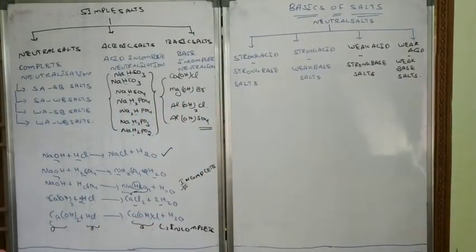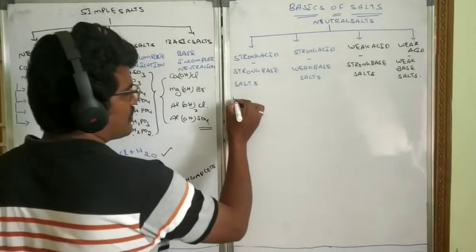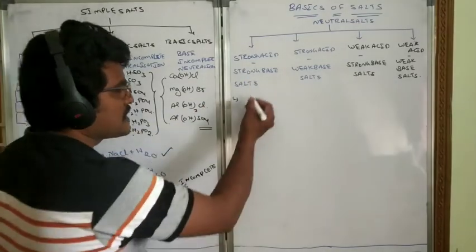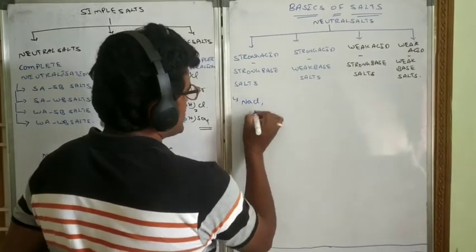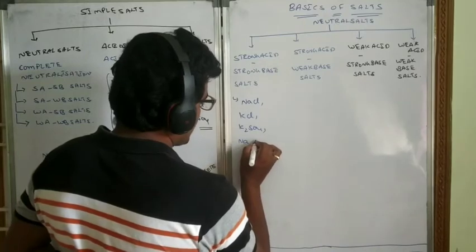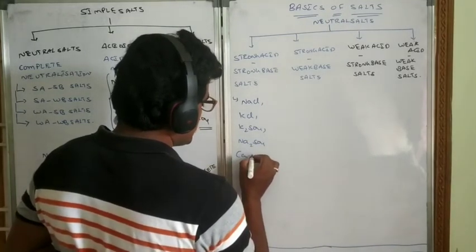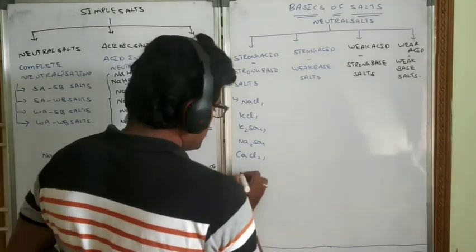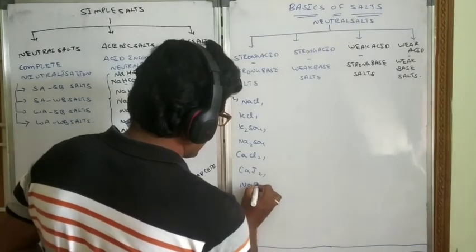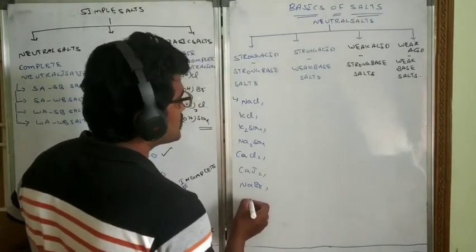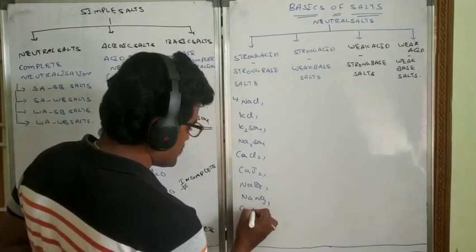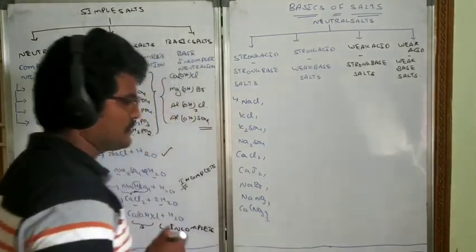So simple, no? The names itself indicate that salts formed by combination of strong acids and strong bases are the strong acid, strong base salts. Examples are NaCl, KCl, K2SO4, Na2SO4, CaCl2, CaI2, NaBr, NaNO3, Ca(NO3)2.